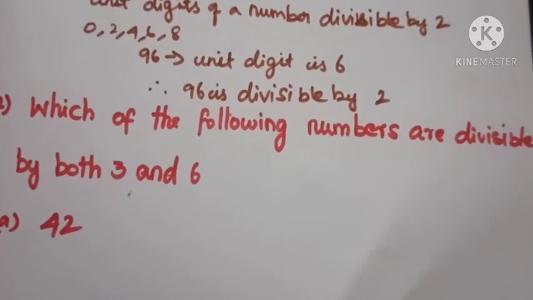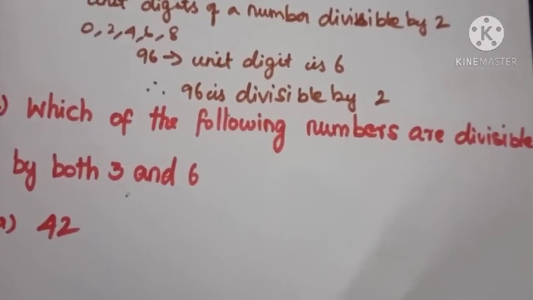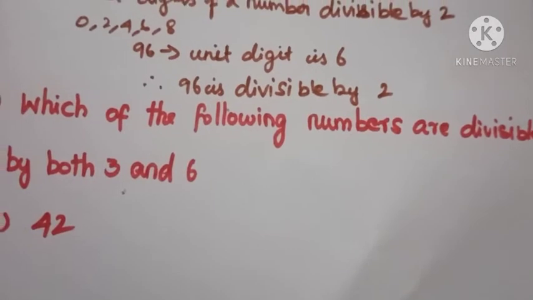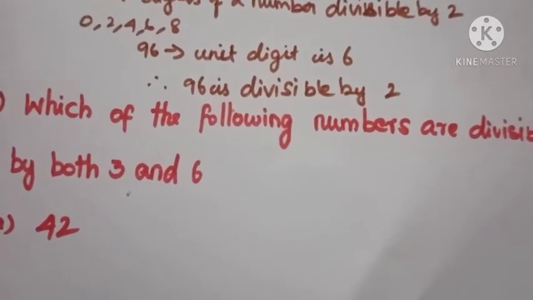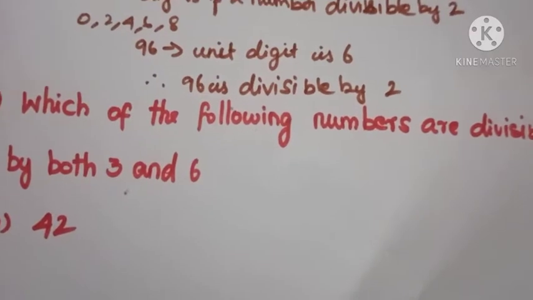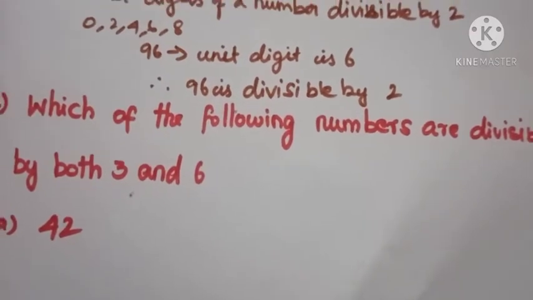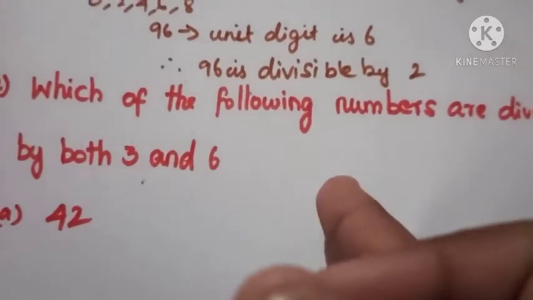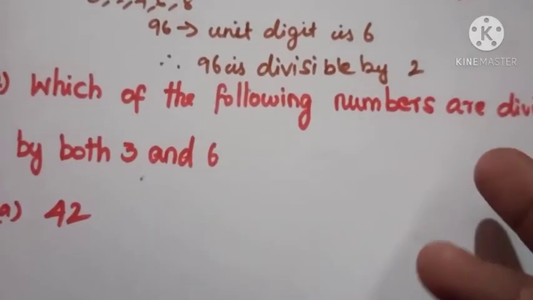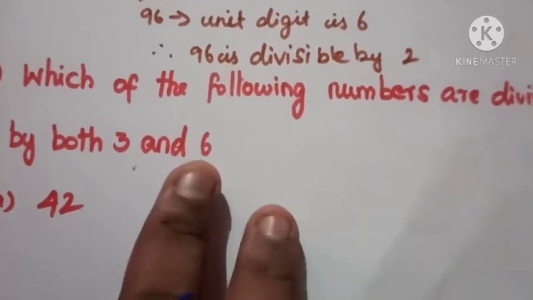If a number is divisible by both 2 and 3, that number is divisible by 6. And what is the divisibility rule of 3? If the sum of the digits is divisible by 3, the given number is divisible by 3. So if you already check 3, you only need to check 2.